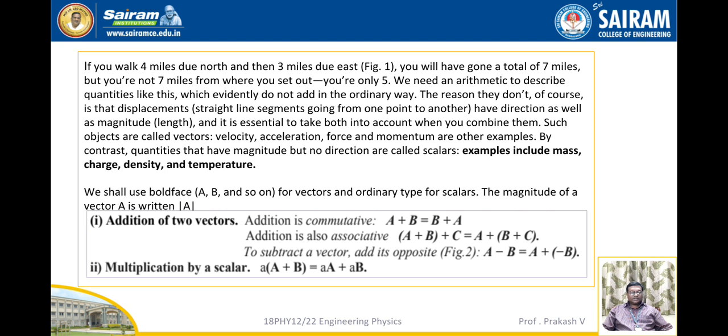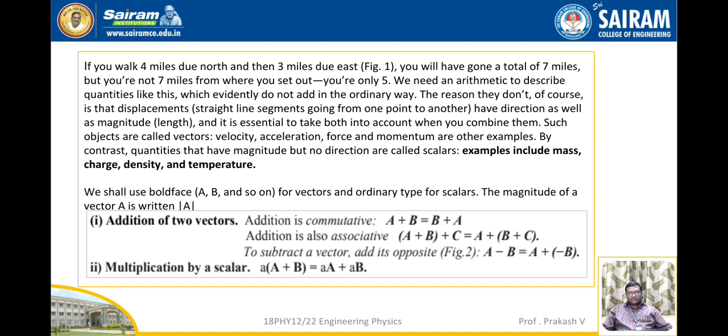Now let us consider vectors A and B. When we look at the addition of two vectors, we can write A plus B is equal to B plus A. Addition is also associative, so we can write (A plus B) plus C is equal to A plus (B plus C).